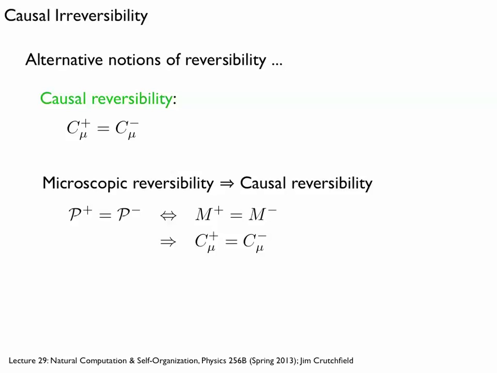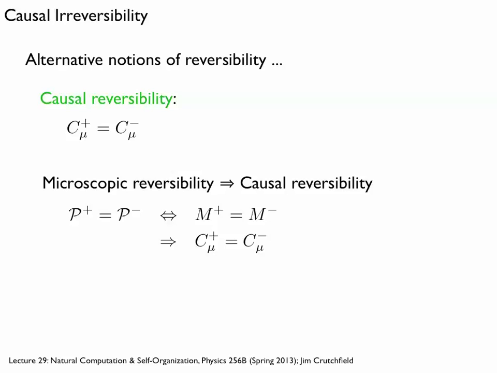In fact, you'll see it's a very restrictive notion of reversibility. What we're going to mostly be talking about is this higher level thing, namely processes that are causally reversible. And what we mean is just that these forward and reverse stored informations, or statistical complexities, are the same. It's a little bit of a coarse graining.